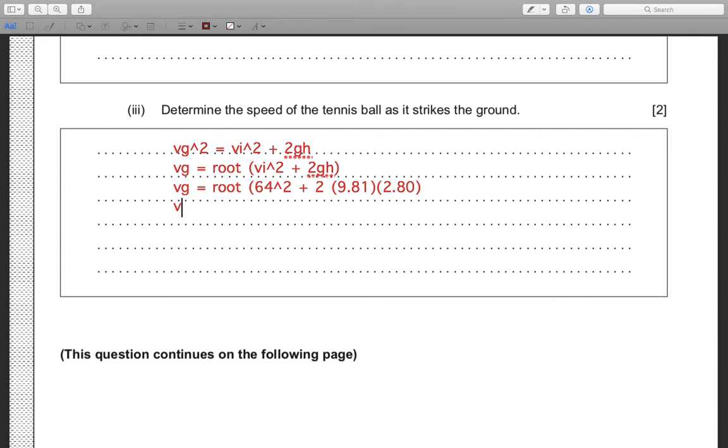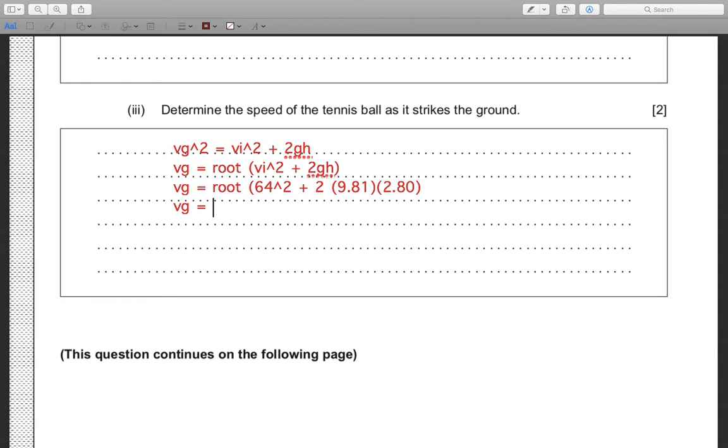I want to solve this using my calculator.